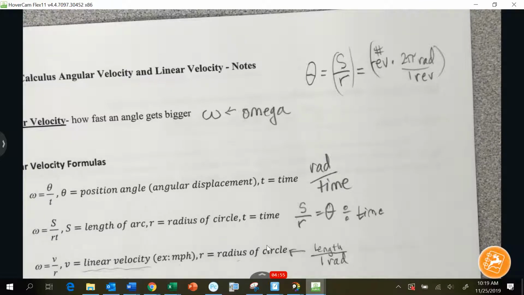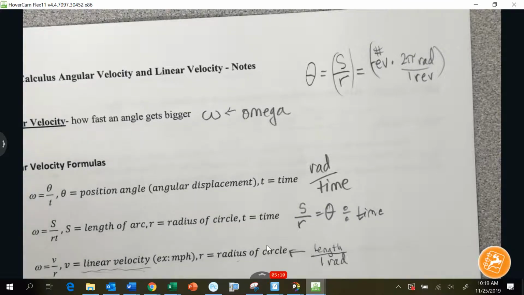How many times it goes around? Is the number of times it goes around important?